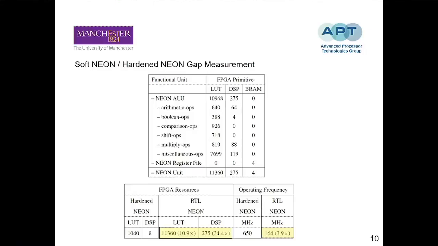So what we did was we implemented an ALU inspired in the Neon instruction set, and we compared that implementation with the reference that we saw before. And what we saw is that in order to implement our soft Neon of the Neon instruction set, it will have to be at least 10 times larger, and it will be 4 times slower than the existing Neon.